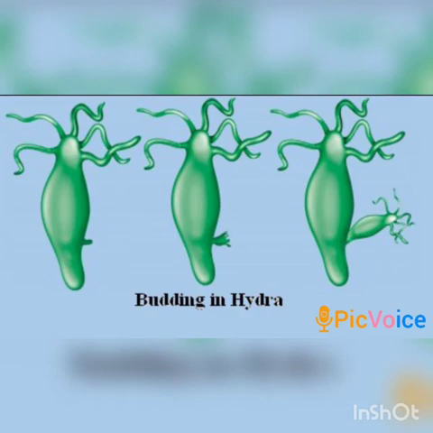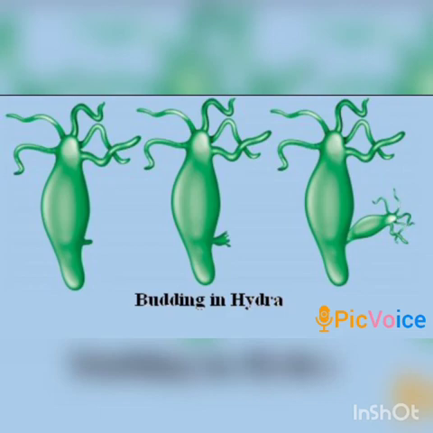The first type of asexual reproduction is budding. Hydra and yeast reproduce by this method. A bud is an outgrowth from the parent body.